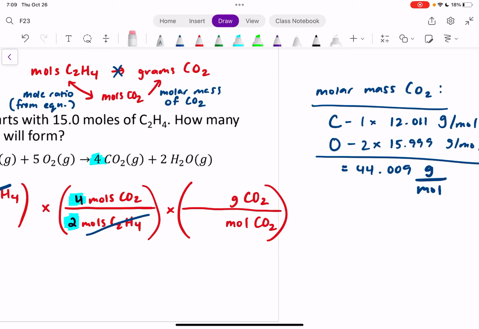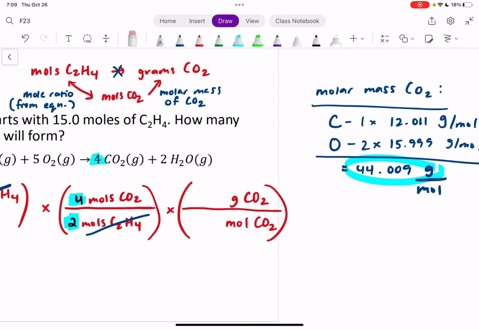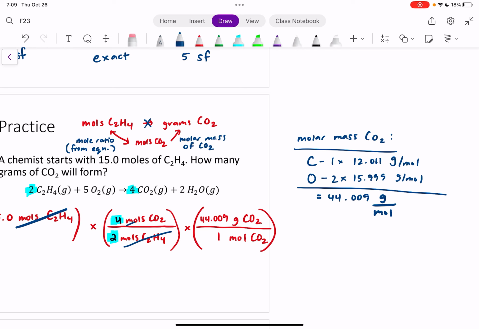So how many grams of CO2? 44.009 grams per every 1 mole. Now we can cancel out those moles of CO2, and we're left with grams of CO2, which is great because that was our goal, right?